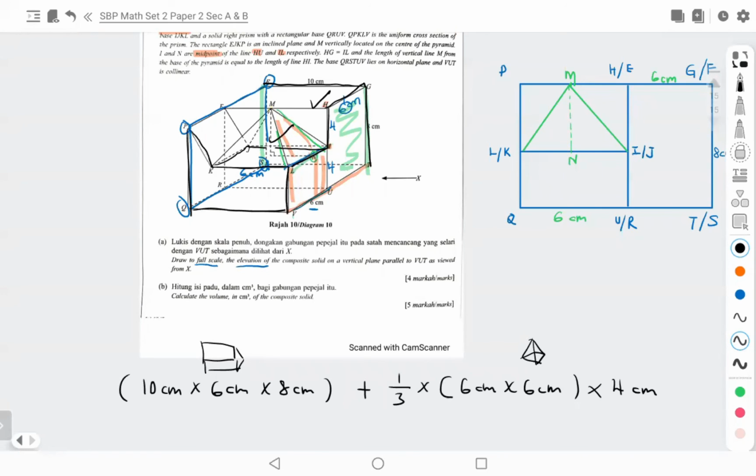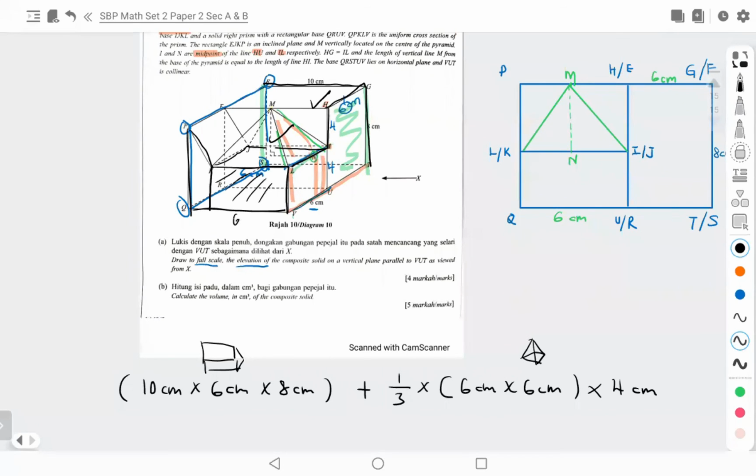Okay, prism. How to find the prism? Base area times the length. Okay, you can split it. You'll find out the cuboid over here first. Same thing, length times width times height.